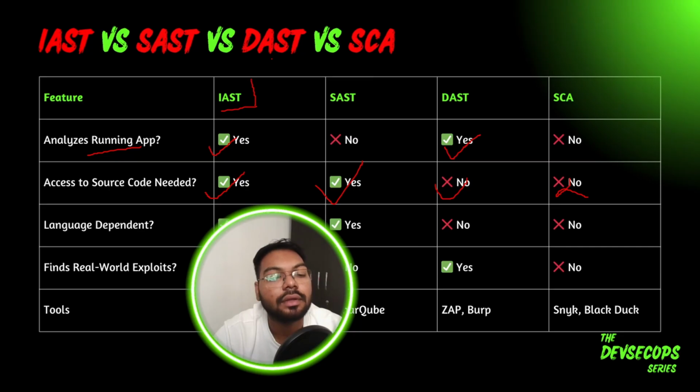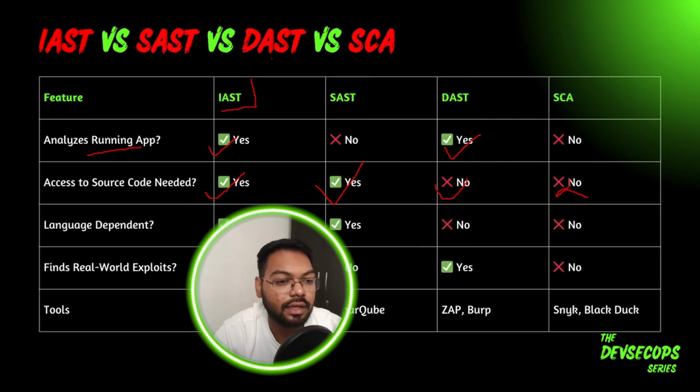Then language dependent. Yes, a Java application would have different kinds of test cases as compared to C# .NET, as compared to Python, as compared to JavaScript and Angular applications. So it is heavily dependent on language. What kind of language coverage is done by the IAST tool? If it doesn't support Rust, you cannot test your application for IAST. If it doesn't support Python, you need to look for another solution then.